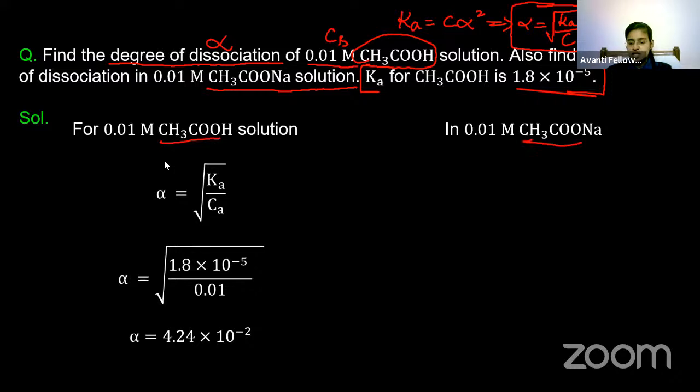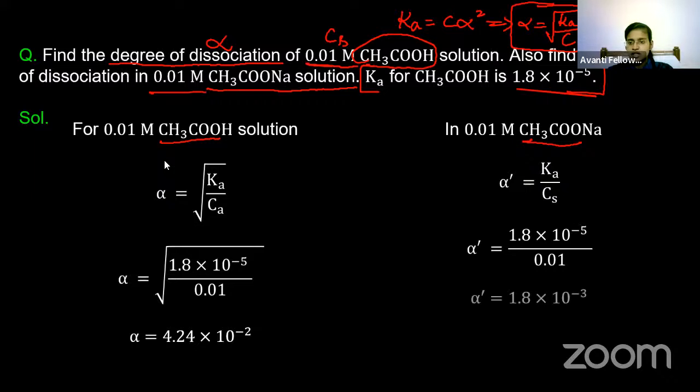So alpha dash is equal to Ka by Cs. You should not use root here. Substitute the value of Ka and the concentration, which is the same for both. We get 10 to the power minus 2, and if we cancel this, we get 1.8 into 10 to the power minus 3.